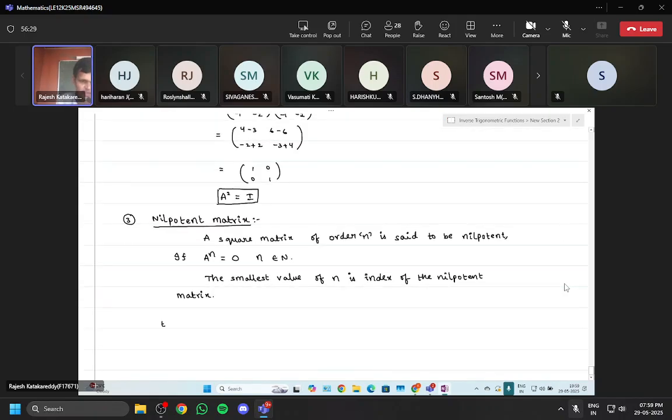Example of nilpotent matrix. Identity matrix cannot be a nilpotent matrix. You can take null matrix as an example if you want. This is an order 2 nilpotent matrix.